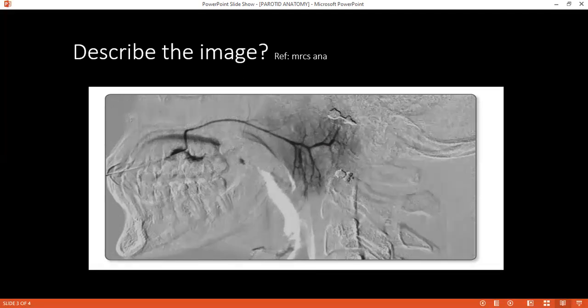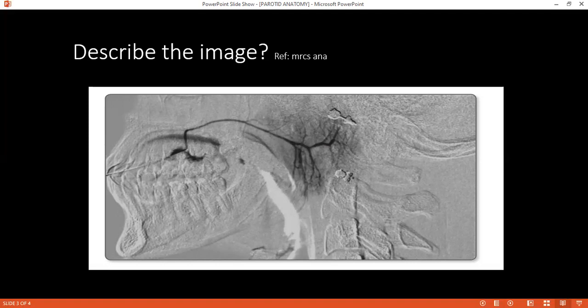Okay, can you please tell me what kind of image you are looking at, and describe it for me, please? This is a sialogram, ma'am. Probably showing which side? Left side. Yes. Can you describe what exactly you see?